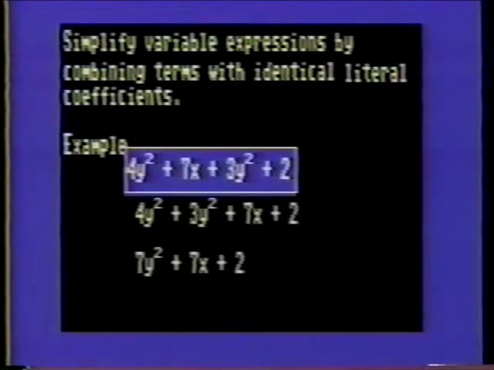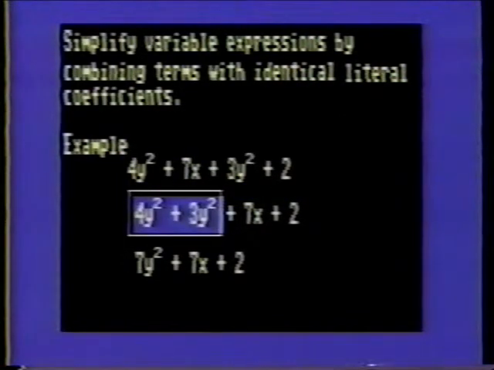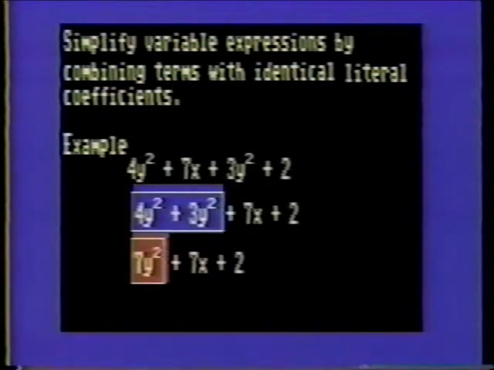In this variable expression, 4y squared plus 7x plus 3y squared plus 2, the like terms in this expression are 4y squared and 3y squared. 4y squared plus 3y squared is 7y squared. The equation is now 7y squared plus 7x plus 2. This is the simplest form this expression can have without substituting values for y squared and x.